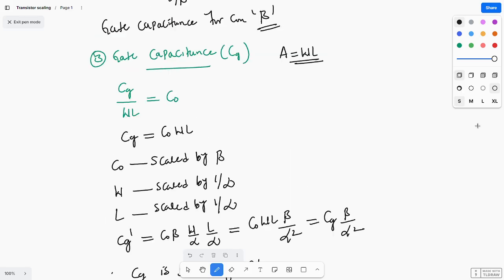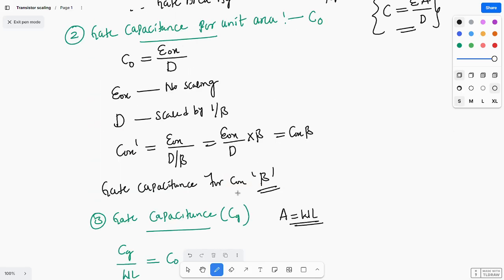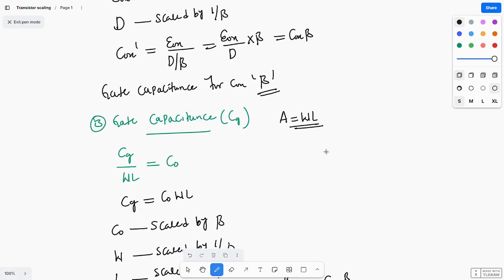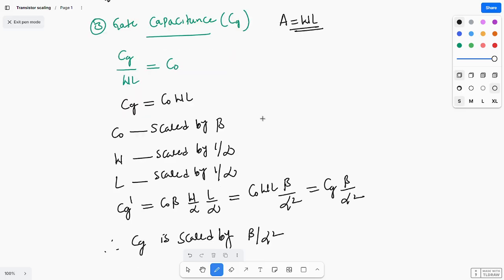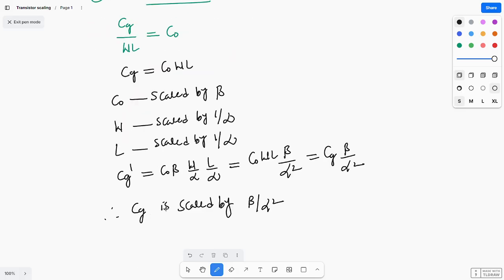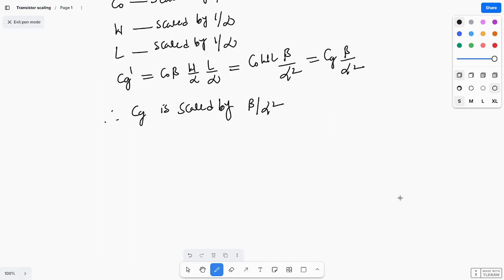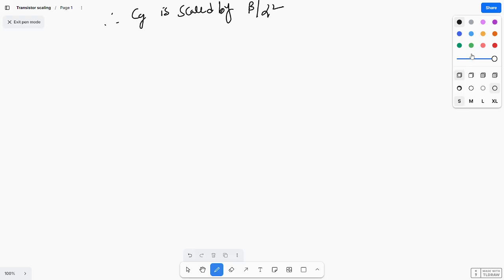So gate capacitance per unit area is scaled by beta, and gate capacitance is scaled by beta by alpha square. You need to remember this. And next you see parasitic capacitance.